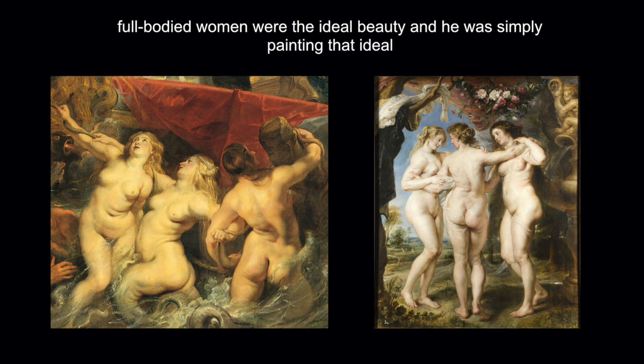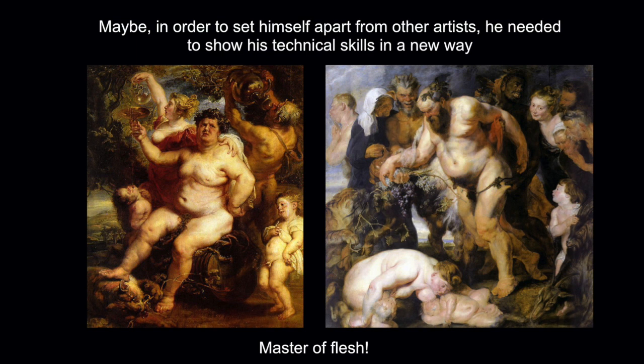But I have a third option for you to consider, and that is that he wanted to separate himself from other artists. He needed to show his technical skills in a new way. Here are chubby men, and so if you look at his obese men, then you go, well, if it's not about beauty of a woman, and it's not about his version of what's beautiful, then it's got to be about the fat.